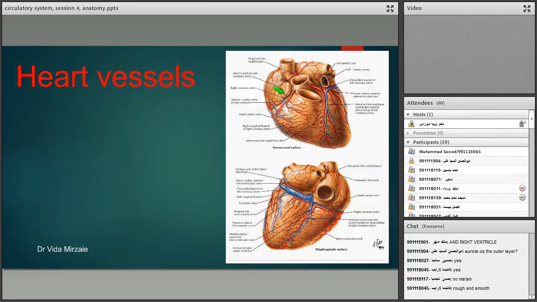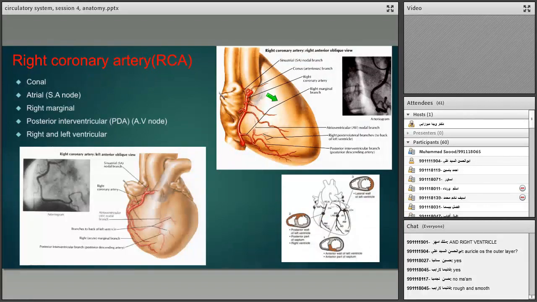Look at here. This part is the auricle. Yes, the raw part is the auricle of the right atrium. And the right coronary artery is between the right auricle and the pulmonary trunk.